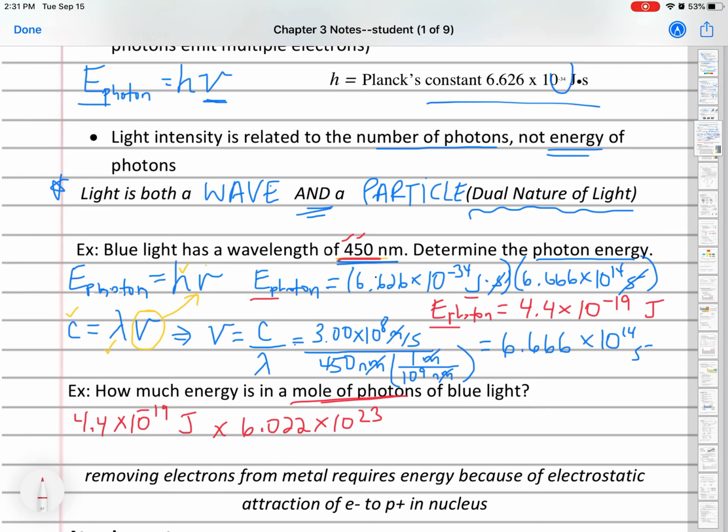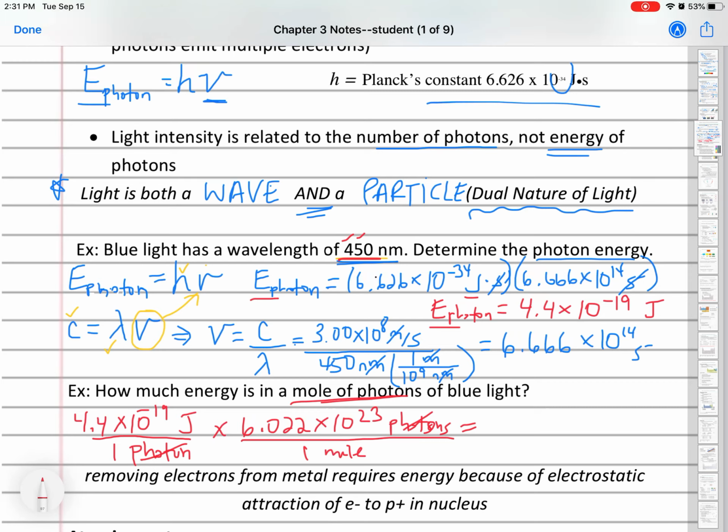Another way to write this out so you can see units canceling is that this is how many joules per one photon, and this is how many photons are in 1 mole. So our answer will be in joules per mole.